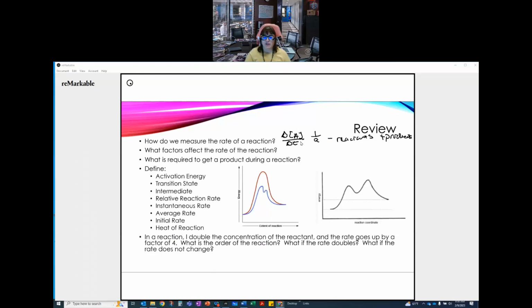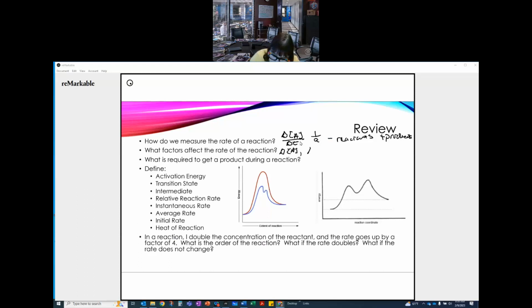What factors affect the rate of a reaction? Well, there are a number of them. We talked about a number of different things. Things that really stand out are the things that we tried to look at in one of the labs, which is temperature, surface area, and concentration, okay? Other things that can affect that rate is other ways to change that concentration. We can increase the pressure of a gas. So we can look at changing concentration.